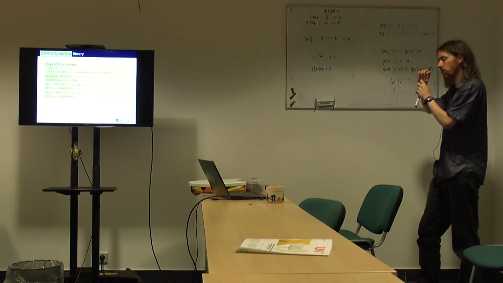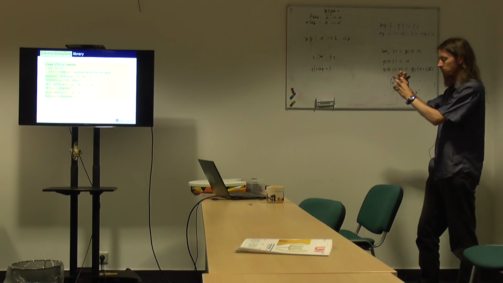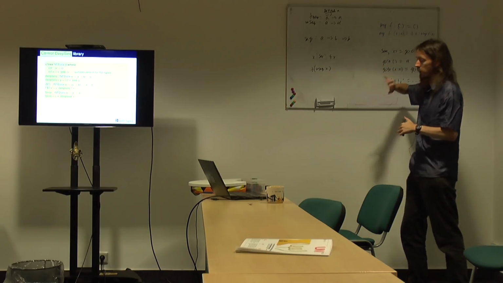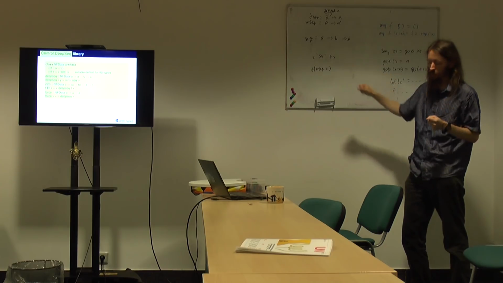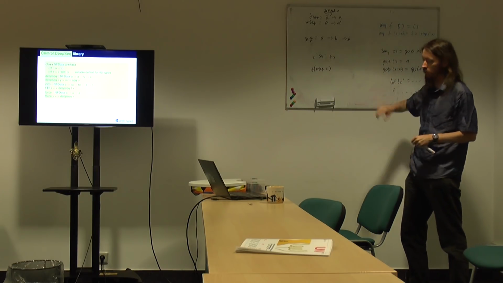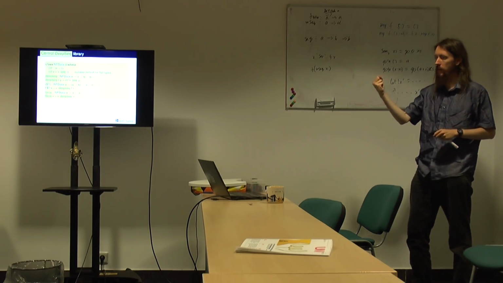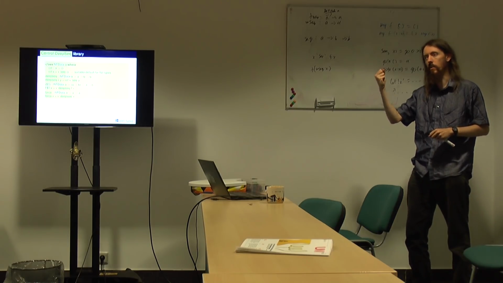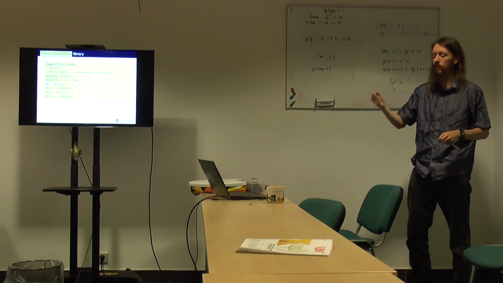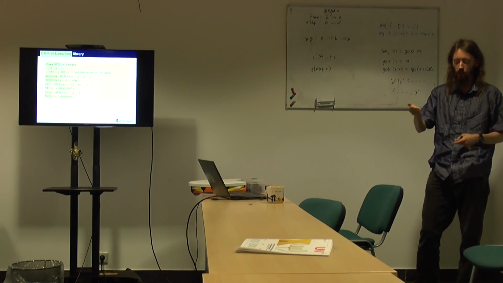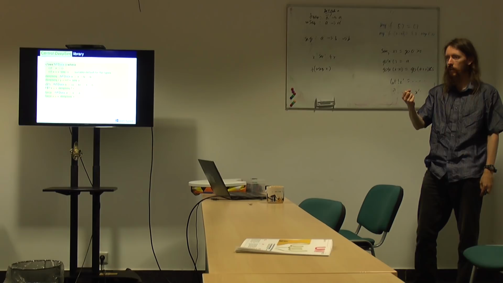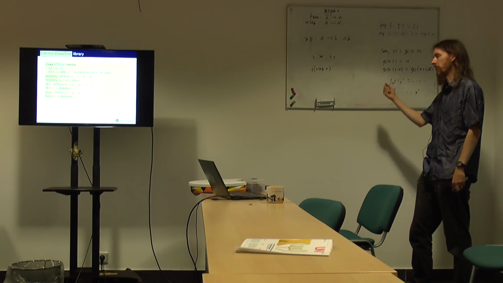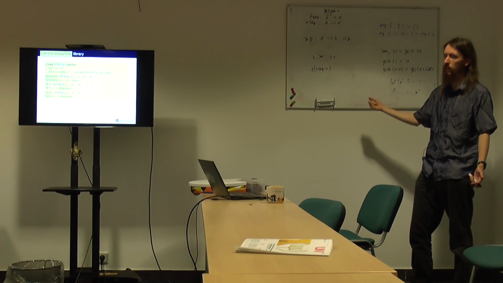You're attaching extra rules to evaluation. In seek you're saying when that is evaluated to weak head normal form, evaluate this to weak head normal form. Force says when this is evaluated to weak head normal form, actually evaluate it to normal form. It's useless to say when this is evaluated to weak head normal form, evaluate it to weak head normal form. But when this is evaluated to weak head normal form, evaluate it to normal form, that's useful.